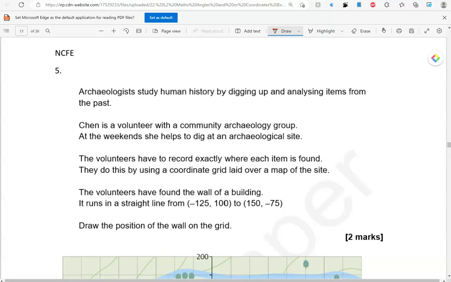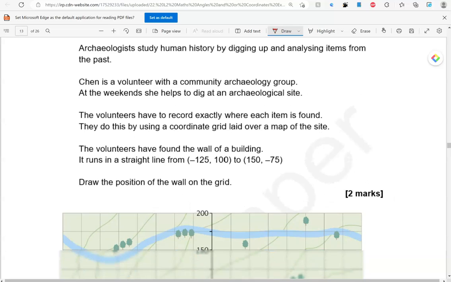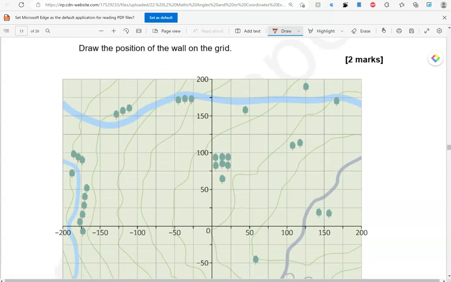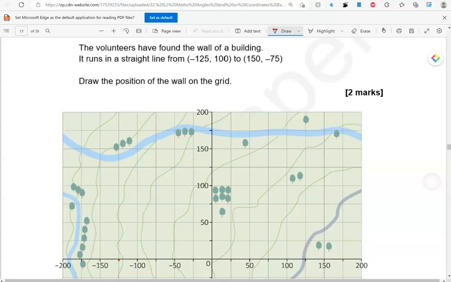It runs in a straight line from -125, 100 to 150, -75. Draw the position of the wall on the grid. So -125, that is here, and it goes up to 100.